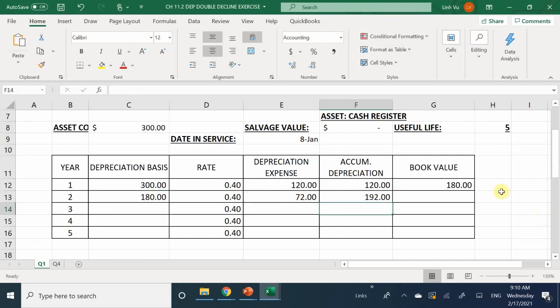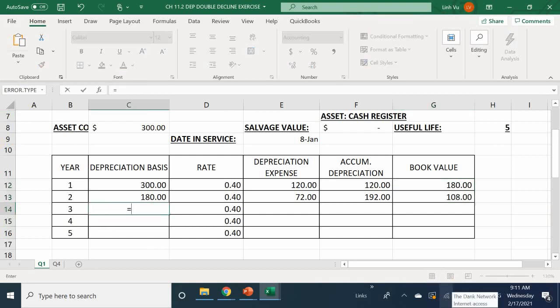So what is now my new book value? $108. That makes it my beginning book value for year 3.